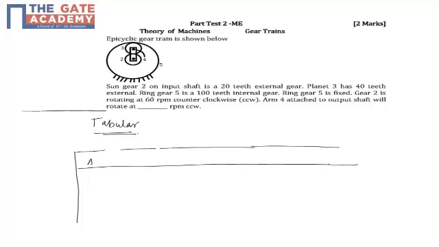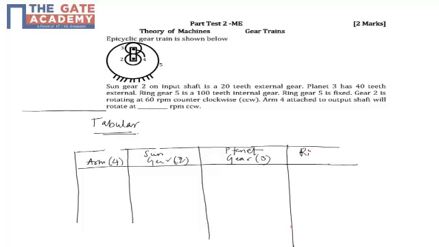First we will consider the arm, which is number 4, then the sun gear, which is 2, as per the numbers given, then the planet gear, which is 3, and then the ring gear, which is 5.